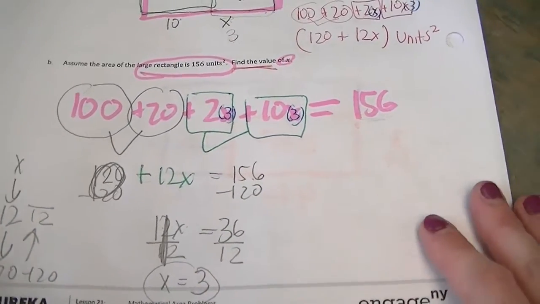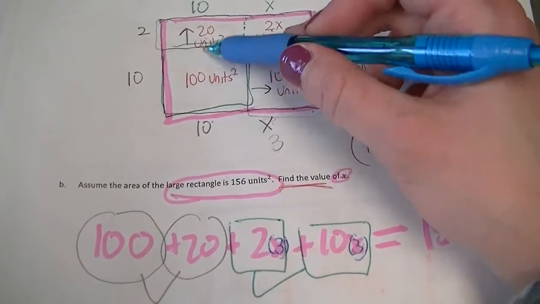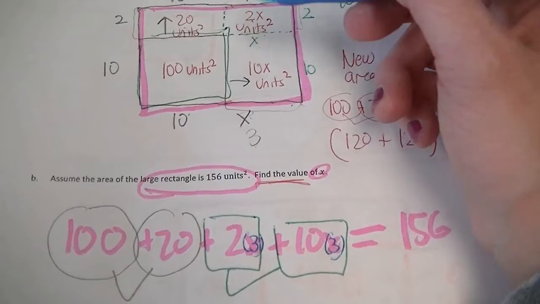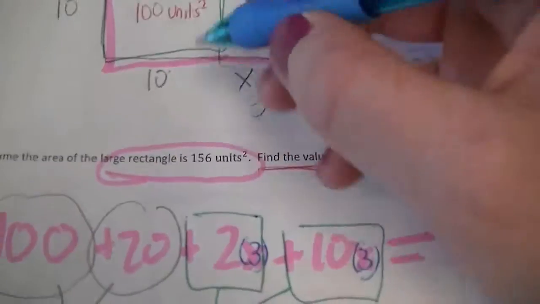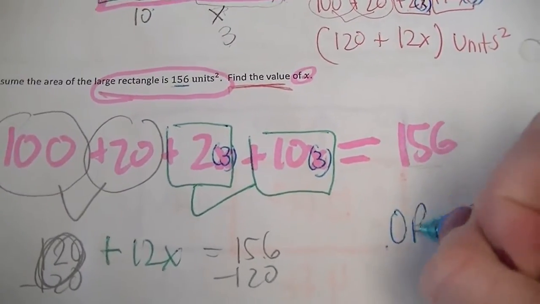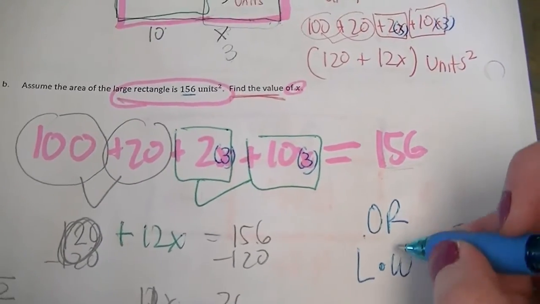I also want to show you another way to do this. Instead of adding all of these little areas of each of the smaller parts of the larger rectangle, well, how do you find area of a rectangle? Isn't it length times width? So that's another way we can do this. For this other way, length times width, okay?